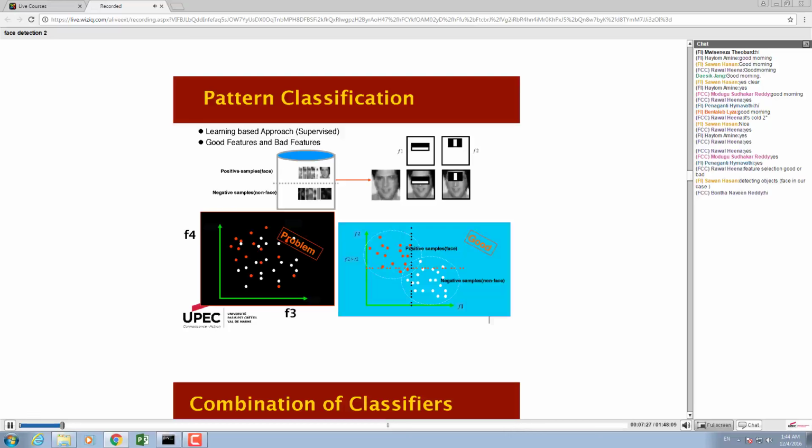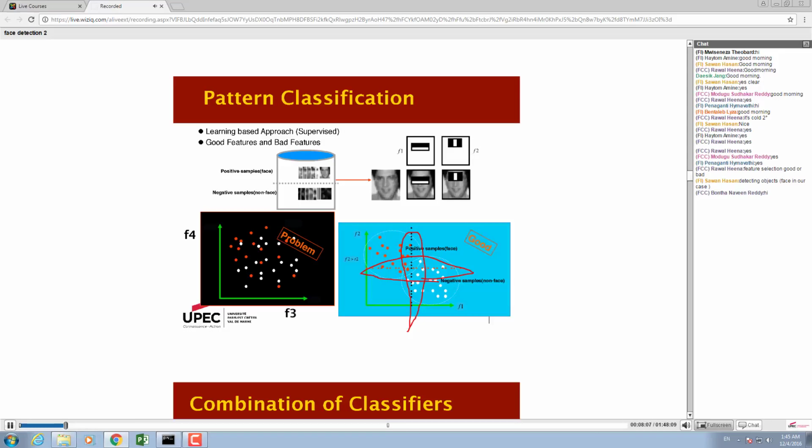When we determine whether it is a good feature or a bad feature, it means how well it can classify with a certain threshold. So this line, for example the vertical one or the horizontal one, means a kind of threshold value. If the feature value of one sample is less than this line, then I want to say it is a positive face. Larger than this line, it is negative.